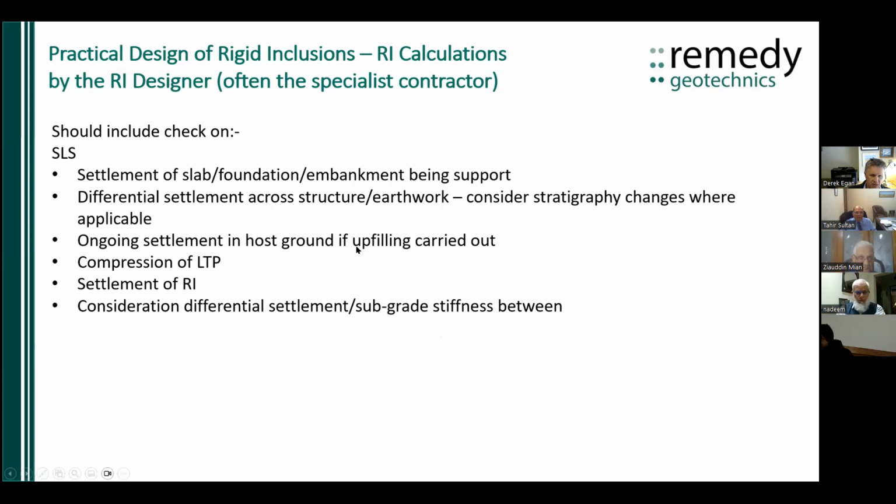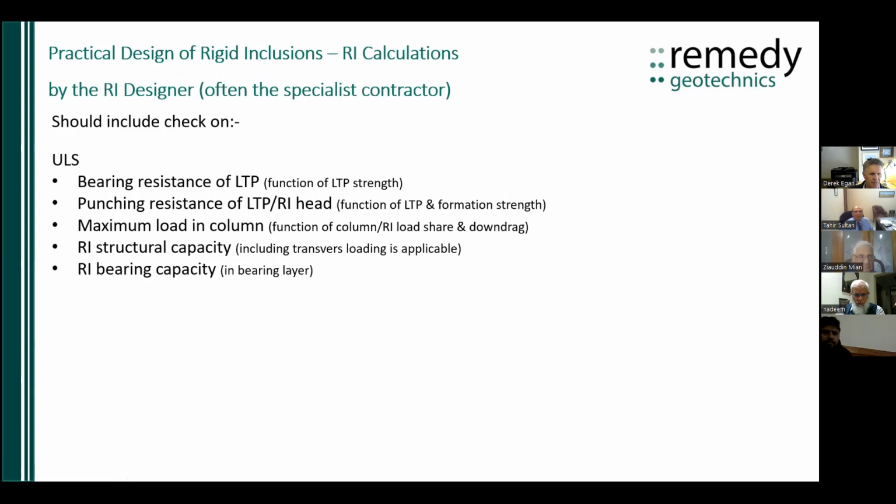If there has been upfilling of the ground, you may need to consider the ongoing settlement that upfilling has generated. It's not just the new loads that are going to generate settlement within the ground. It's going to be the old upfilling. You need to consider the compression of the load transfer platform, the settlement of the rigid inclusion itself, and also consider any differential settlement or subgrade stiffness variation between where the column is and the space between columns.